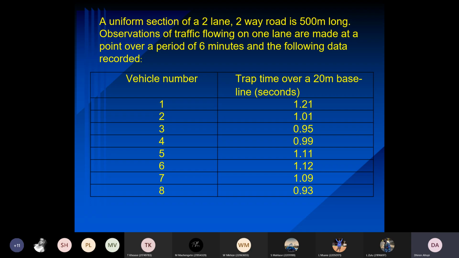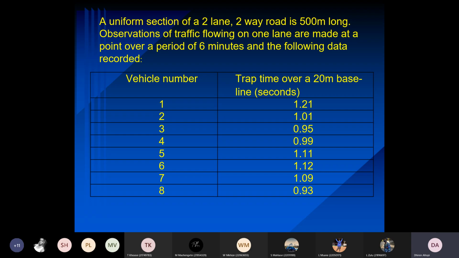Remember, at some stage you need to convert to kilometers per hour. But as it stands from the information given here, if I simply took 20 meters divided by 1.21 seconds, it will give me my speed in meters per second. Second one, 20 meters divided by 1.01 will give me the speed there in meters per second.